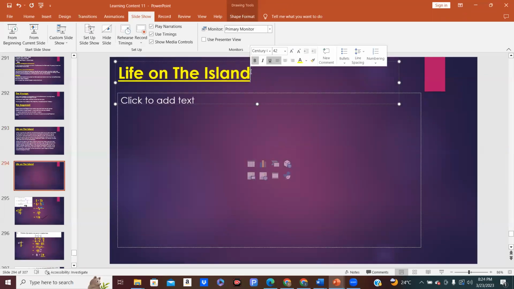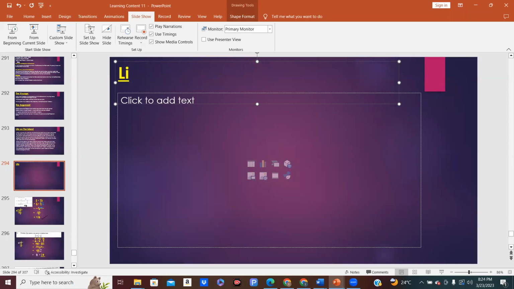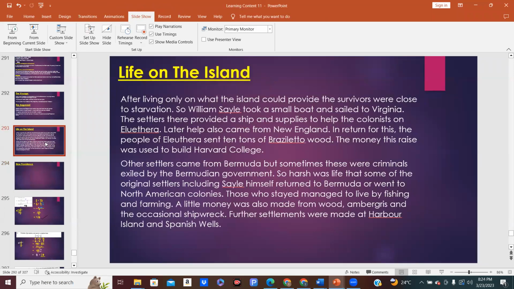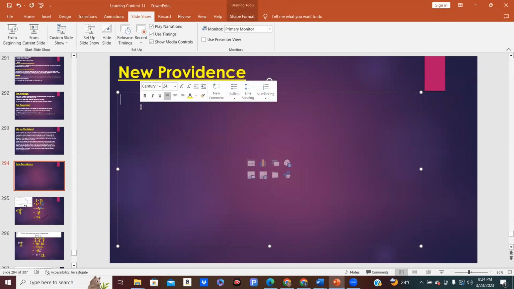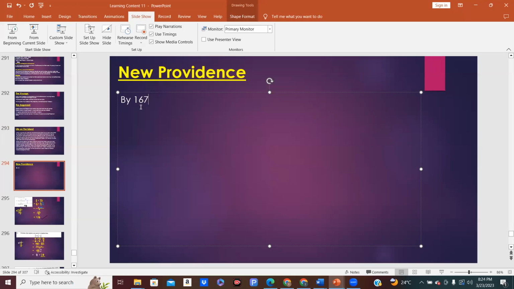All right, so a little on New Providence as well. By 1670, there were several hundred settlers on another island.